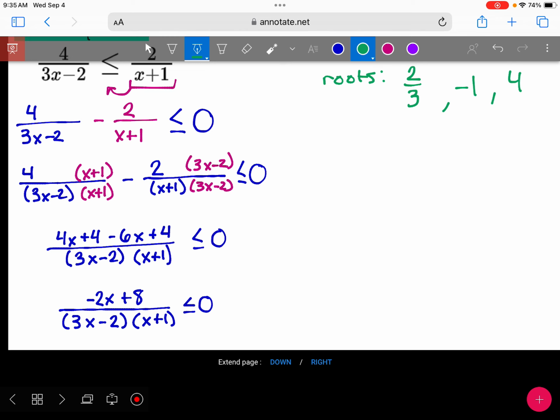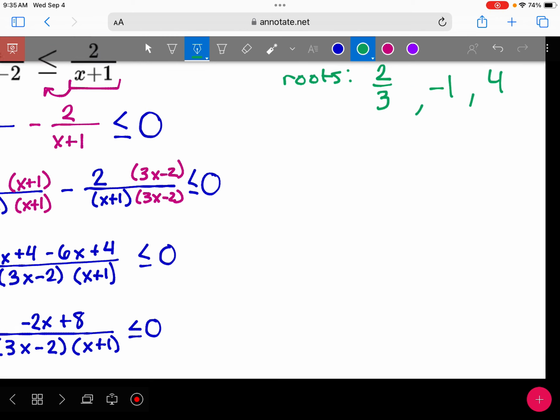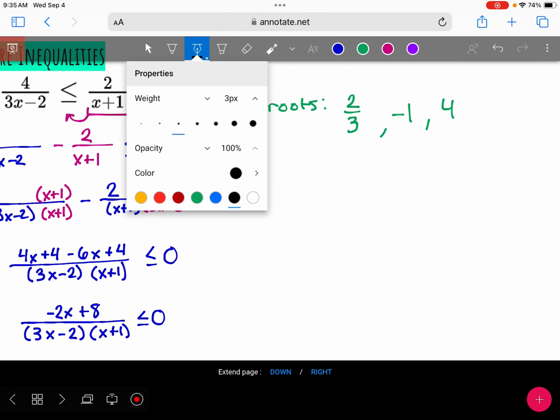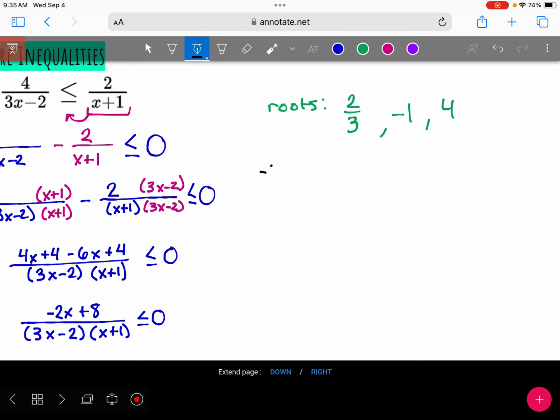So let's do our positivity table. Let me get my number line on here first before I start going wild with our factors. So we're going to have our negative 1, positive 2/3, positive 4.